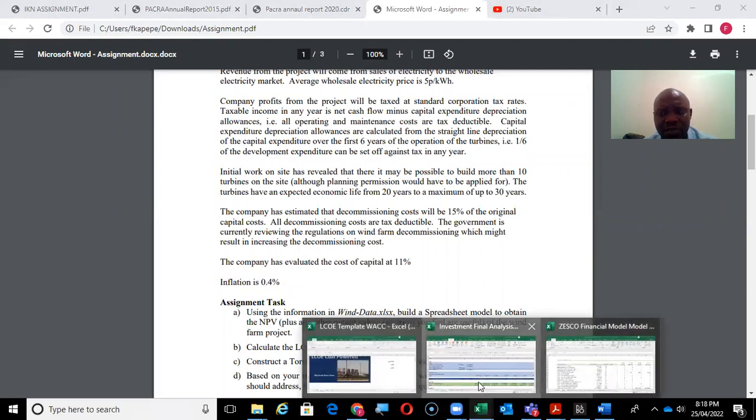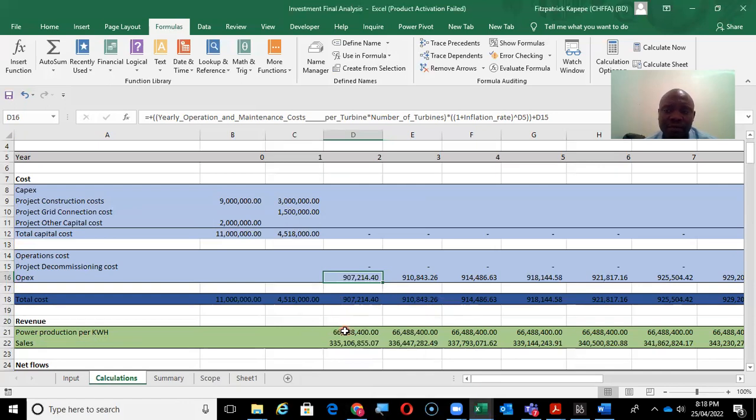So you can choose how you do it. Unless we say in the first year there was no inflation, because this amount you're spending is today's, so it is not affected by inflation. We are not going to inflate in year one, then we can inflate in the second year.